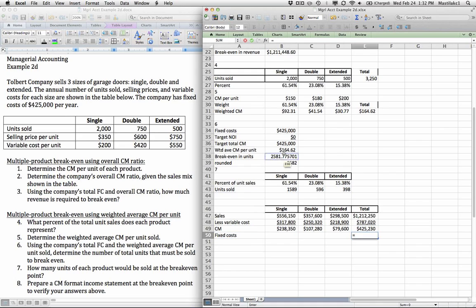Plug in our fixed costs, $425,000, and our net operating income is the difference between contribution and fixed cost, or $230, which again you'll see is about 0 with some rounding built in. And again, if we want to take a contribution margin ratio, we can see that our contribution margin ratio is about 35%.